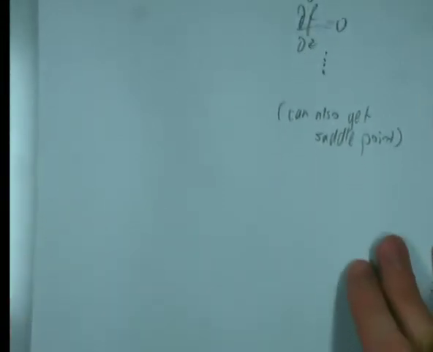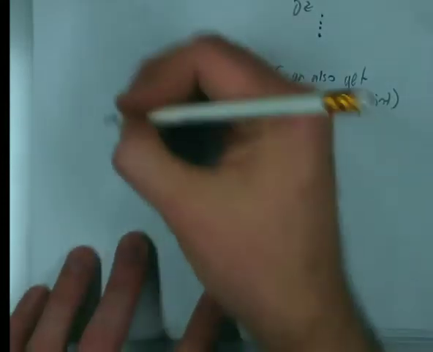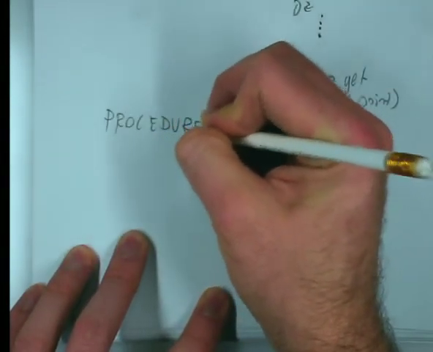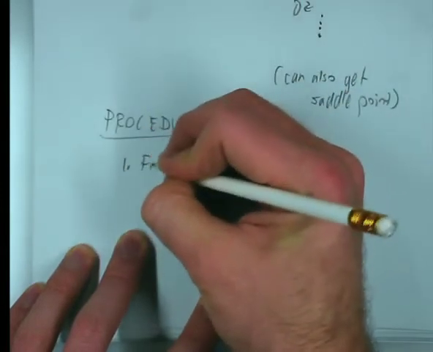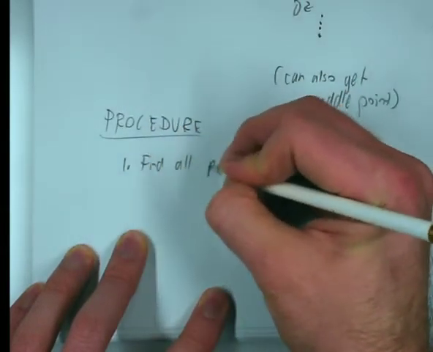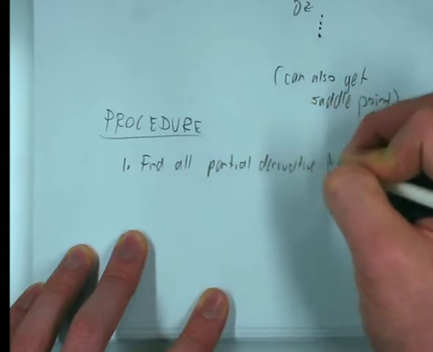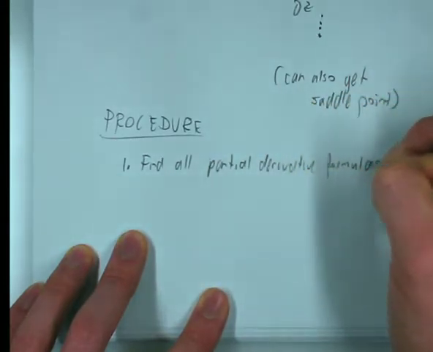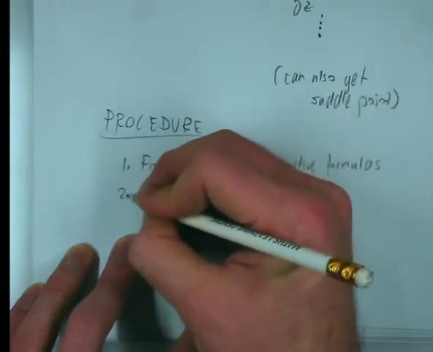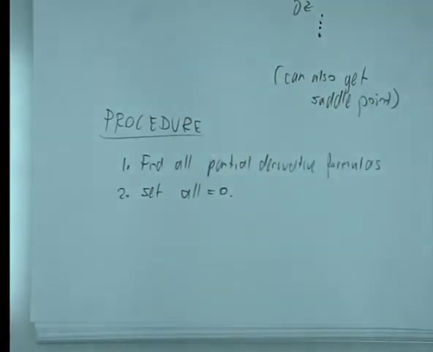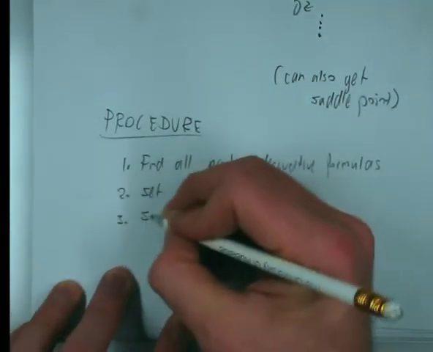Okay, so your procedure for 2D at least. One is find all the partial derivatives. Find all the formulas for your partial derivatives, and you set them all equal to 0, which will give you a set of equations, and then you have to solve them simultaneously.